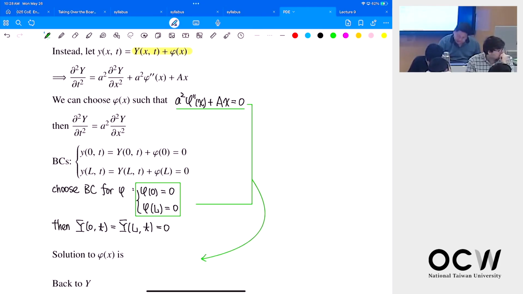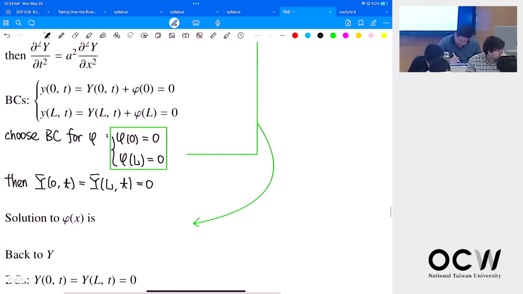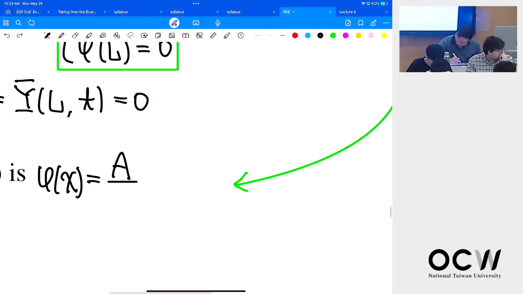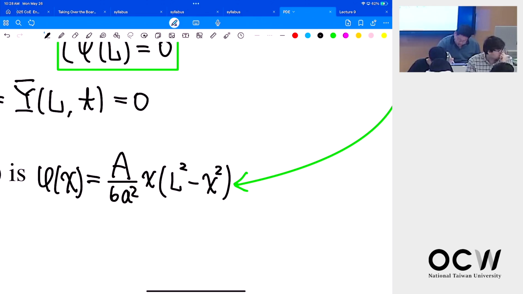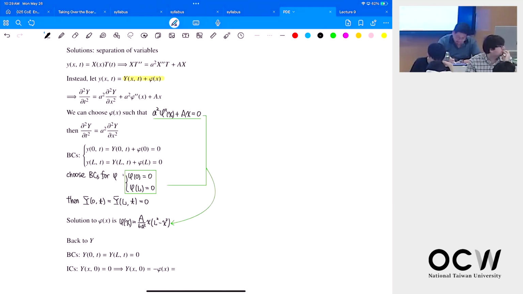So what is the solution for phi? The phi of x is equal to a divided by 6a squared times x times L squared minus x squared. So now we found the solution for phi.